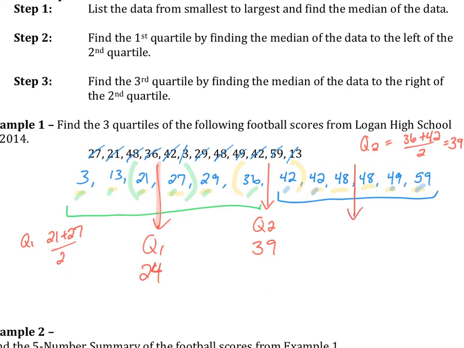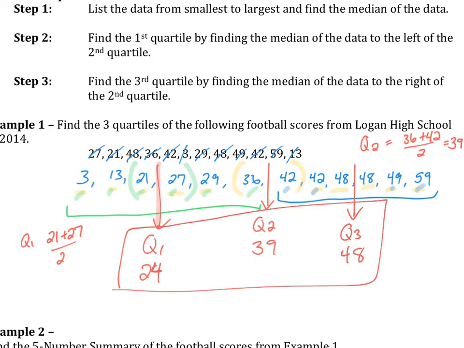It's in between, right in the middle of those 6 numbers. What's between 48 and 48? Oh, just 48. So Q3 is 48. So quartile 1, quartile 2, and quartile 3. So start with the median, and then do the same thing to each side of the data.